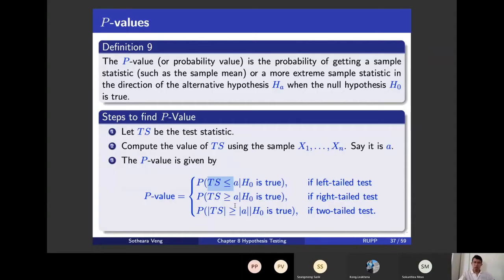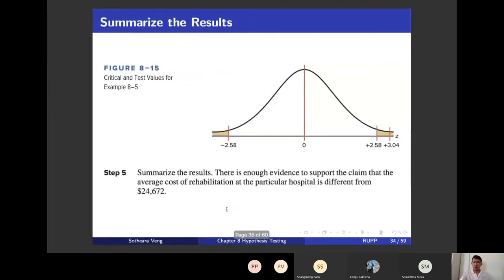You have to count the area under the curve at the test value and the area under the curve at the negative of the test value. Here our test value is 3.04, so its negative is negative 3.04. So the p-value in this case is this small area plus another small area here, which corresponds to the sign of the test value.